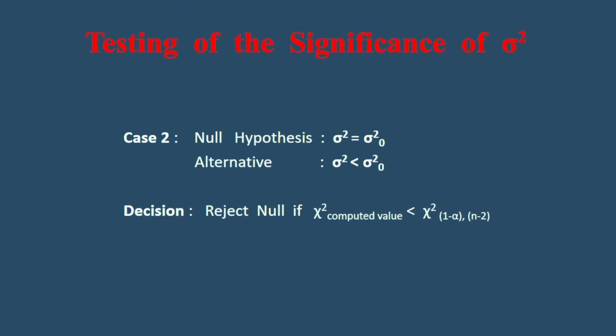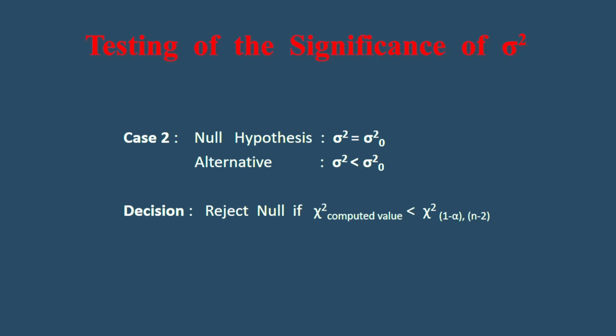Then we go for case 2. In case 2, we go for the other alternative, where the null hypothesis is the same, where the population variance is equal to a specified value sigma square 0. But the alternative hypothesis says sigma square is less than sigma square 0, which means we want to operate on the left-hand side of the distribution.